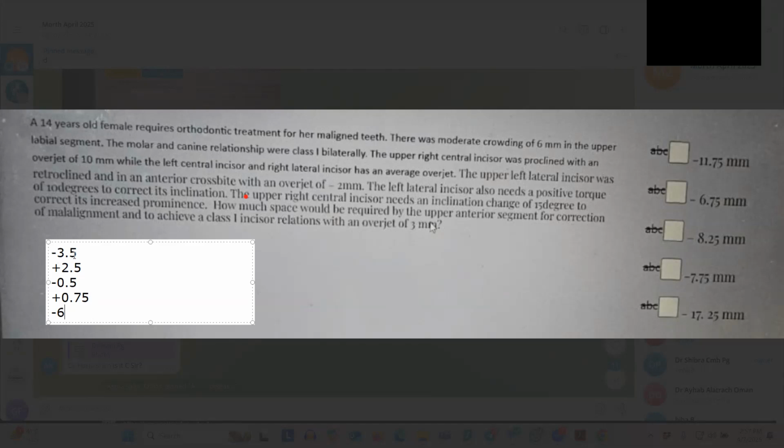After the whole calculation, that is minus 1. Then with minus 1, minus 1.5, and the 6, minus 7.5, minus 7.75, something like that.